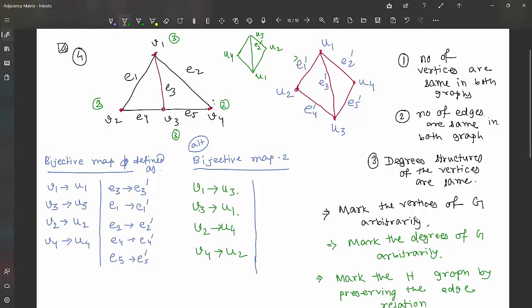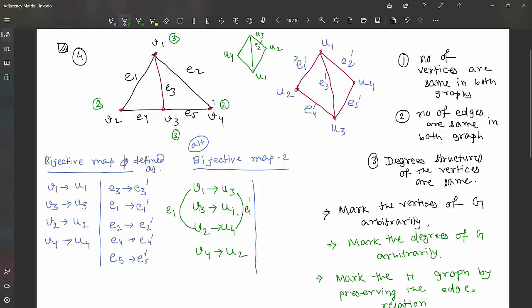So now just understand the relation between them. If there is an edge between these two vertices V1 and V2, that is E1, then there will be a corresponding edge between U3 and U4, and in U3 U4 your edge will be, suppose, E1 prime.